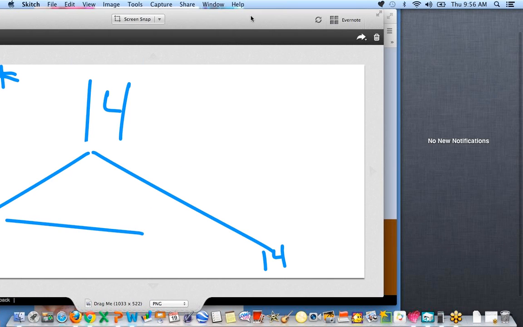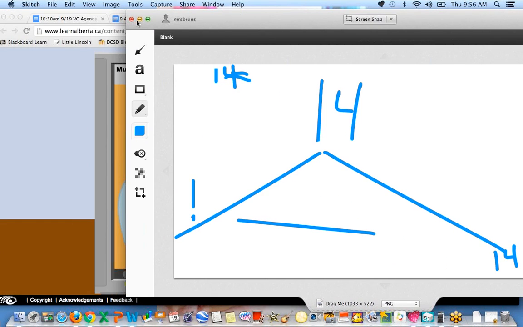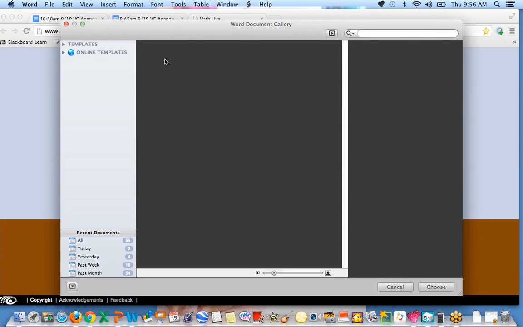Oh my gosh. That is not cool. I'm going to have to find something else to write on. Let me see if I could pull up just a blank Word document. Bear with me for a second. My sketch pad is not registering where I put the pen down, and it's really annoying me. If I can't use my pen, I'm going to be sad.